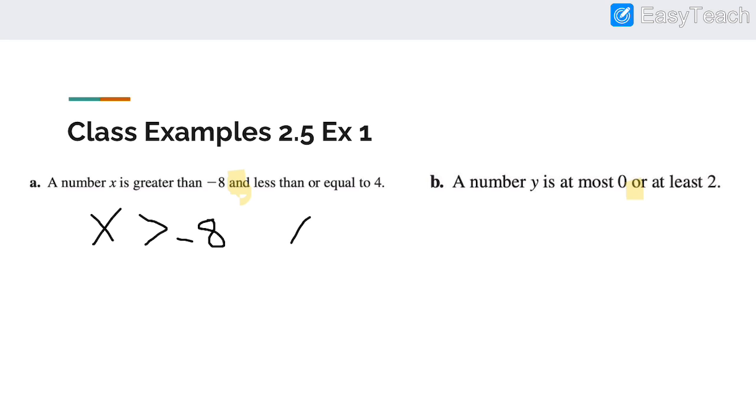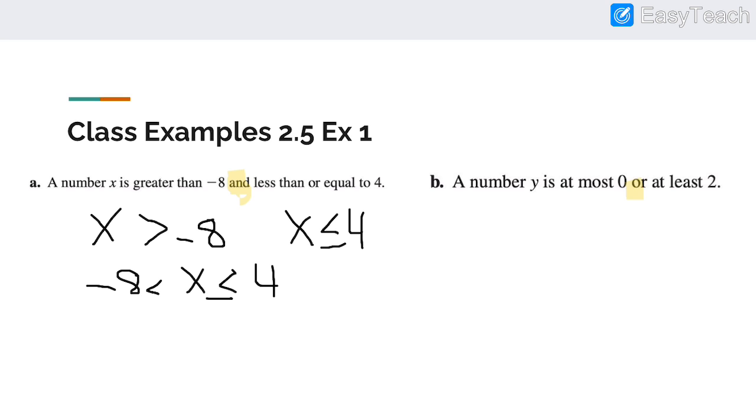So that also means that x is going to be less than or equal to 4. Again, you can write this all together because these would exist between. So you can write this as x is greater than -8 while x is also less than or equal to 4.